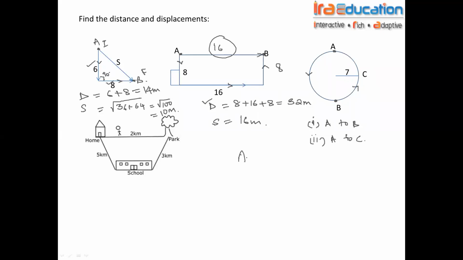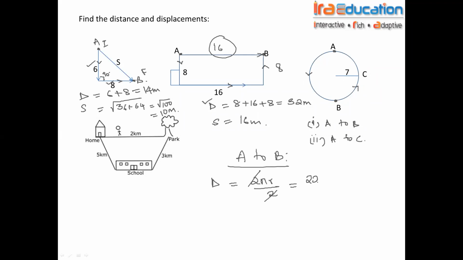So from A to B, what's happening is a semicircular path is being covered. So distance is, can I say, half of the circumference? Circumference of a circle is 2 pi r. Half of the circumference is the semicircular length, right? So that's pi r. Here radius is given as 7.